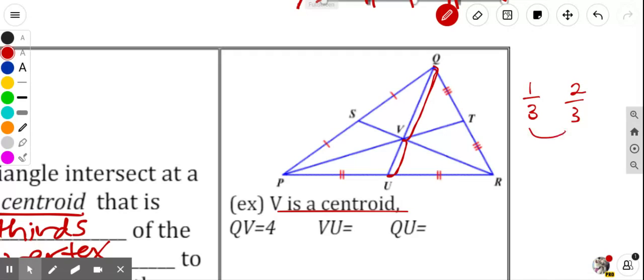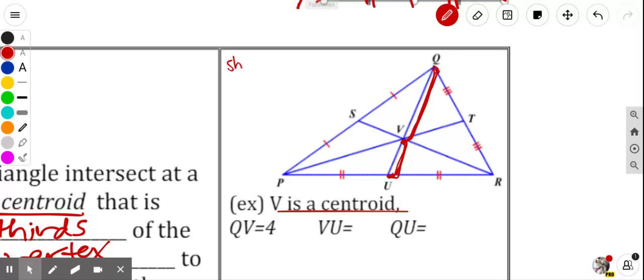1/3 is half of 2/3, right? 1/3 plus 1/3 would equal 2/3. So when you're doing these, I'm going to make a little note over here actually. When you're doing these, each median is always broken up into a longer piece and a shorter piece. The shorter piece is half of the longer piece.